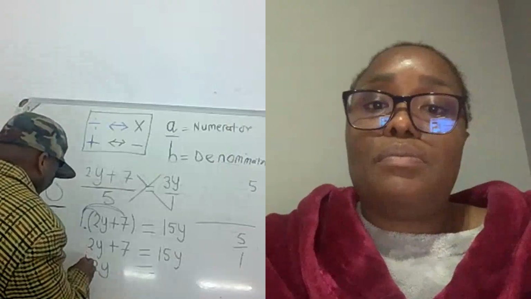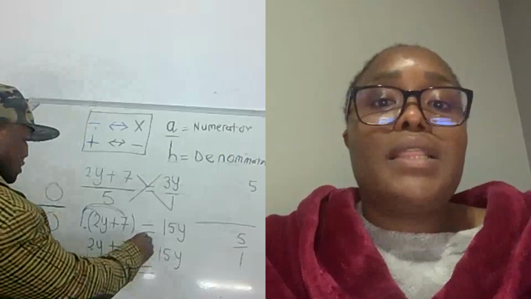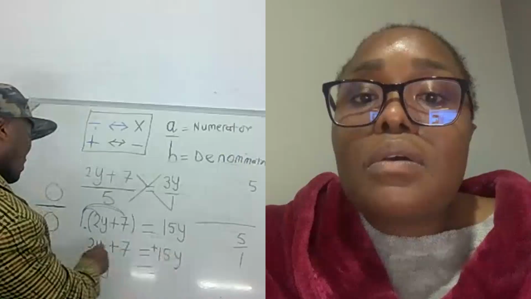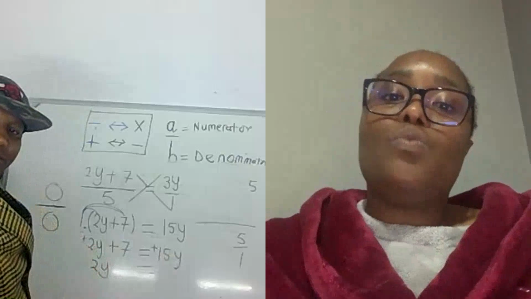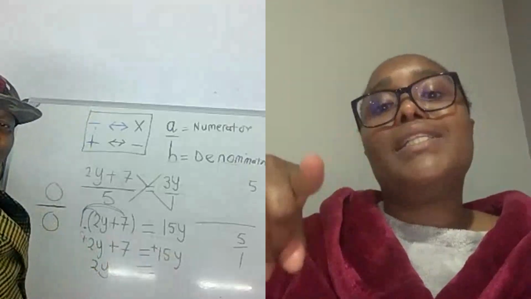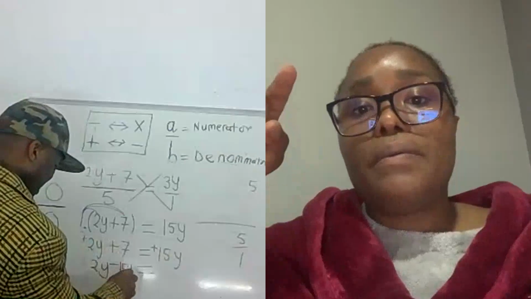So 2y is positive, and what about this one here? It's also positive. There's nothing. Which one is going to go where? If we take that one to this side, it's going to be negative 15. So it's going to be 2y minus 15y.